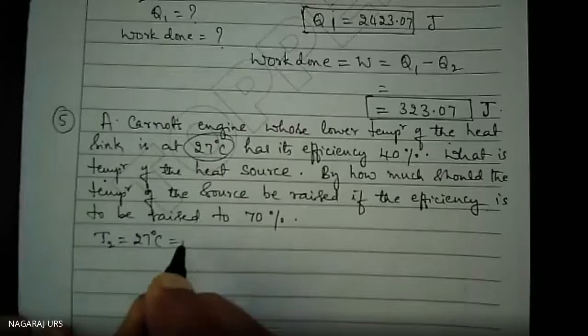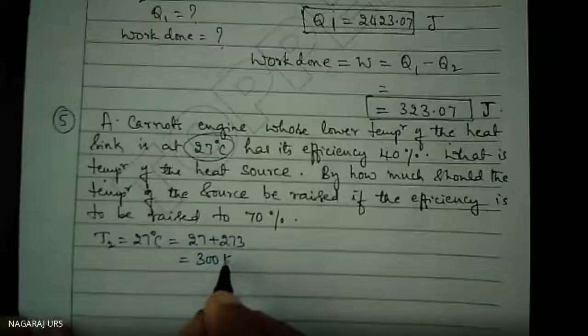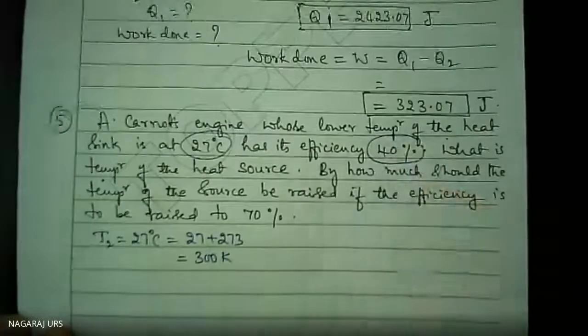What is T2? T2 is 27 degrees Celsius. Okay, convert: 300 Kelvin. Correct. And an efficiency of 40%. Eta is equal to 40%.